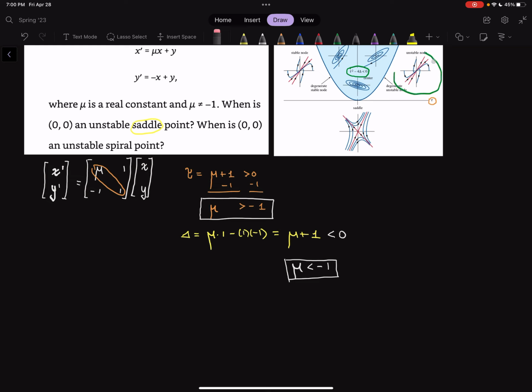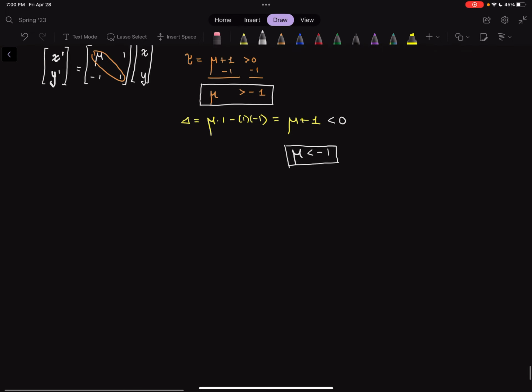But if we want a spiral, then what we want is what I circled in green before, t squared minus 4 delta less than 0. So this will give us a saddle.